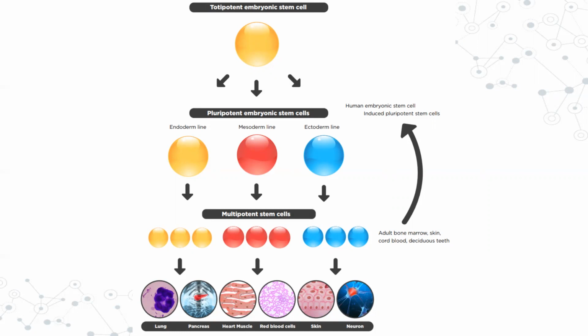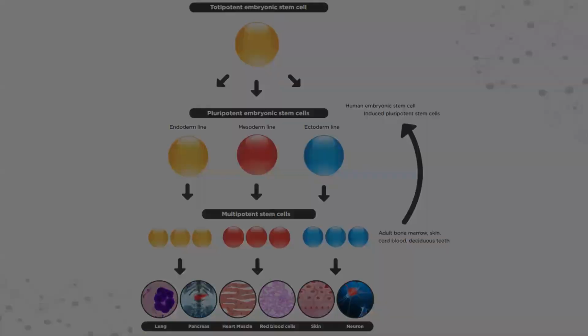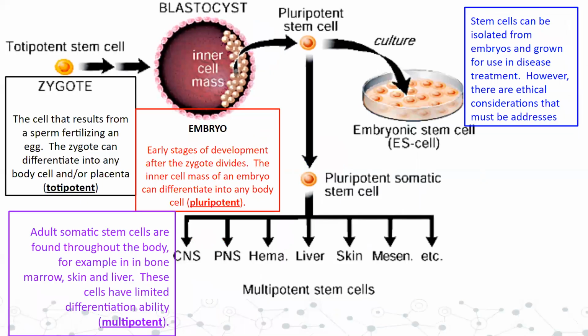So notice that, for example, this yellow group can now only turn into lung and pancreas cells. Okay, so if we use these yellow stem cells for study purposes, we can only use them to study lung and pancreas issues, right? So they're more limited in what they can become. So that's what multipotent means. All right, you should have annotated this figure. If you're looking at your notes and there's nothing written on this picture, you need to go back and do that, okay?